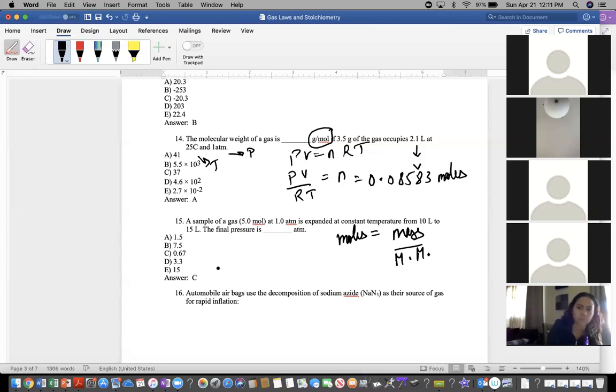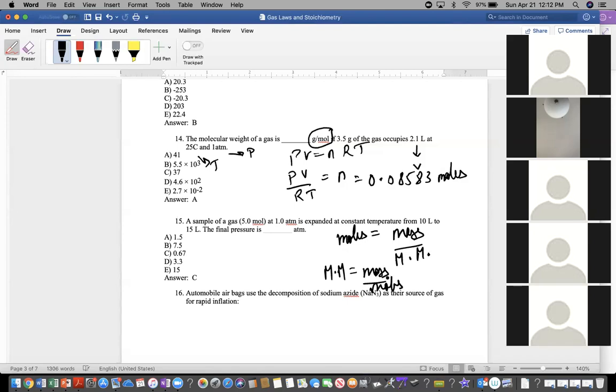Do you remember how you change mass to moles? You always divide by the molar mass. So moles is equal to mass over molar mass. What am I trying to find? Molar mass, right? So I can take the molar mass up there. Molar mass will be equal to mass divided by moles. Right. That's the formula.